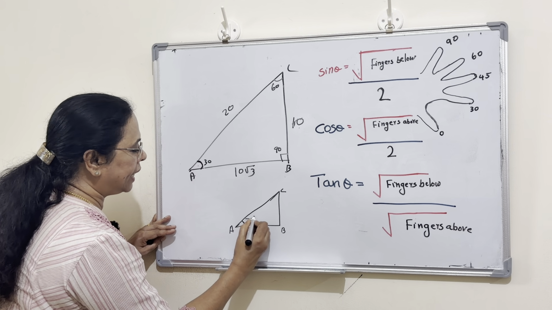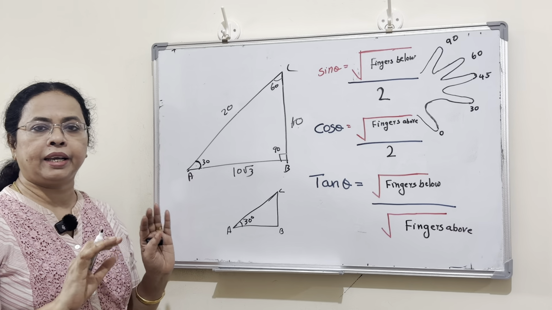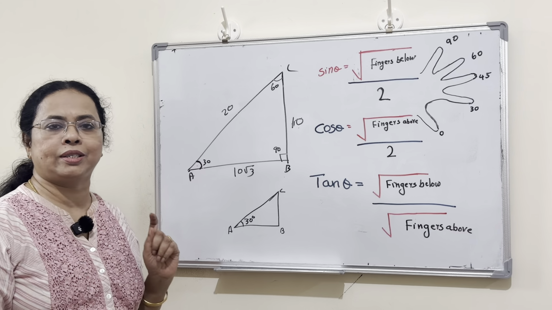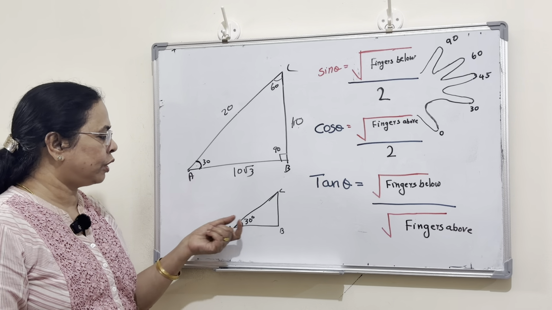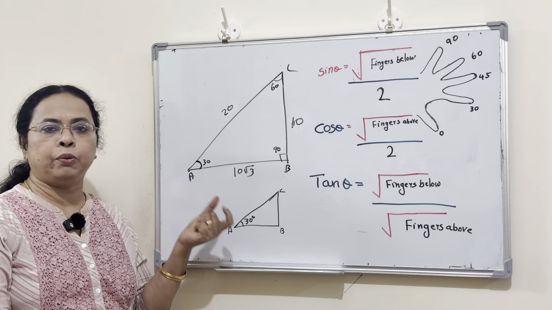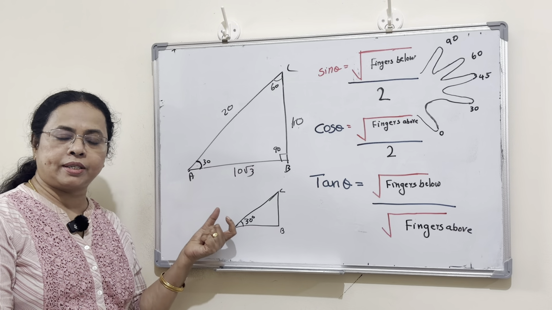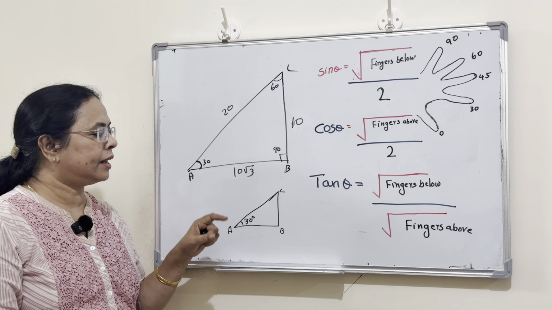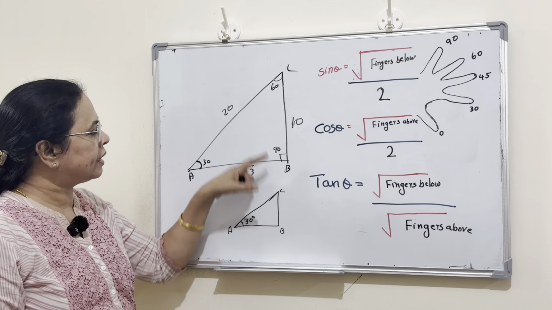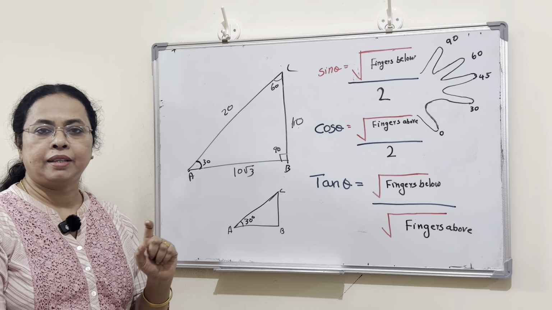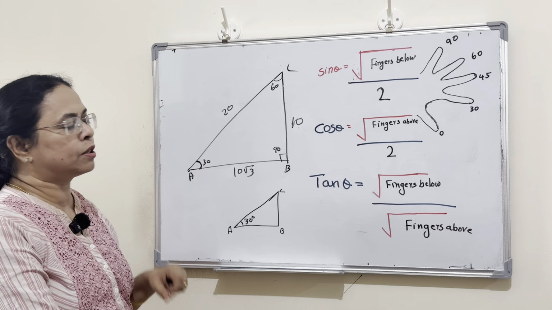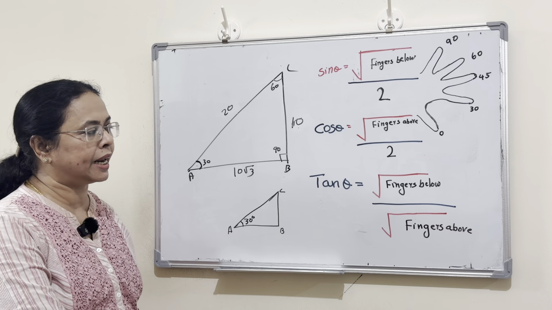As long as the angle is 30 degrees, sine of 30 degrees always remains constant. This is very good, right? If you know that constant value for sine of angle 30, we can easily find the other sides of a right angled triangle.